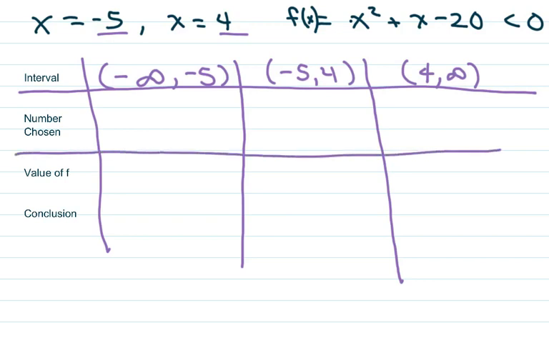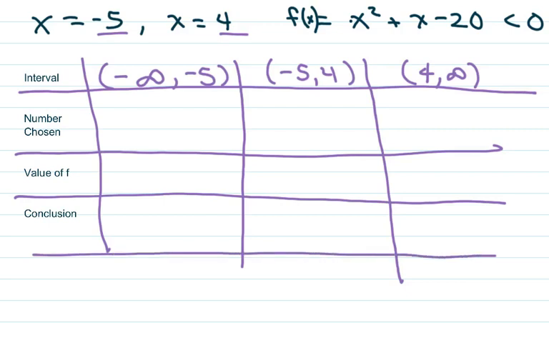Now let's pick some nice numbers. The ones I picked were negative 6, 0, and 5.